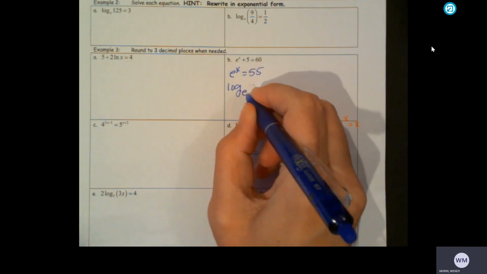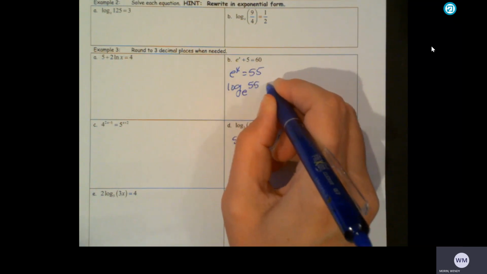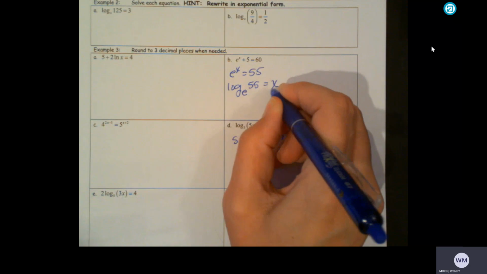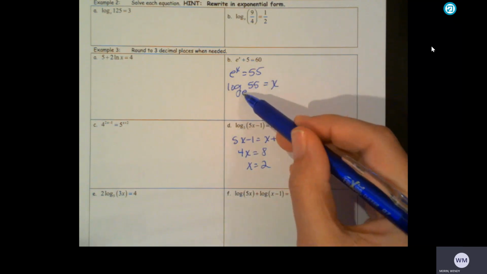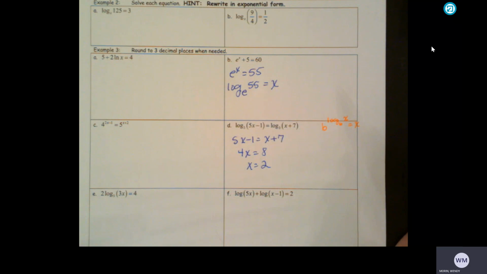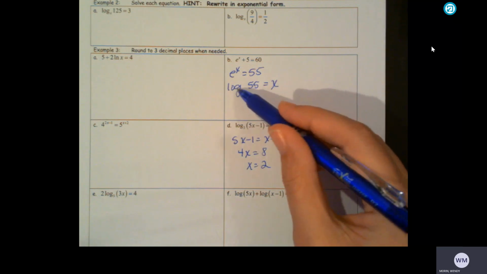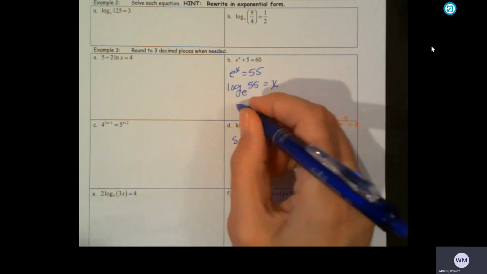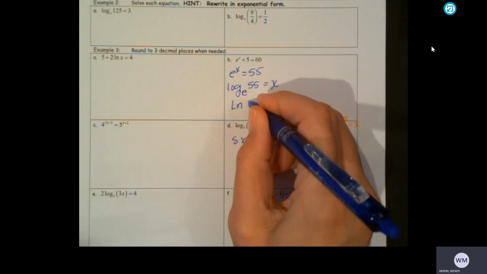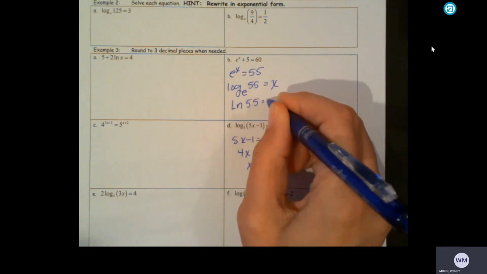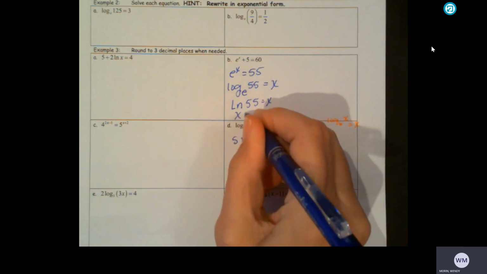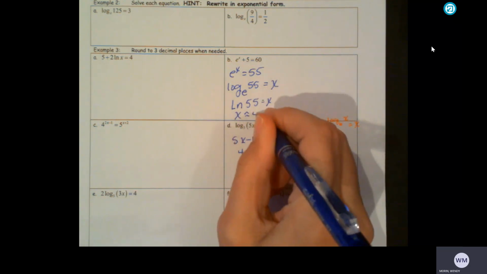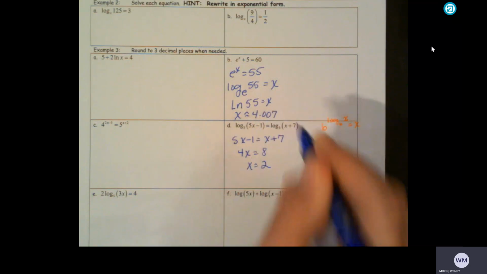So that's log of 55, base e, equals x. But what is log base e? What's another way of saying log base e? It's the ln of 55. And if you type that into your calculator, you will get x is approximately equal to 4.007.